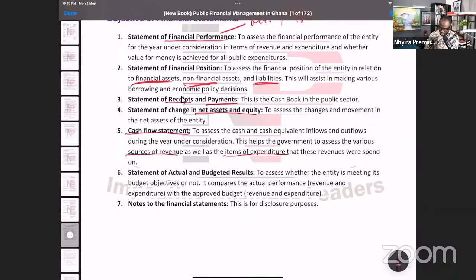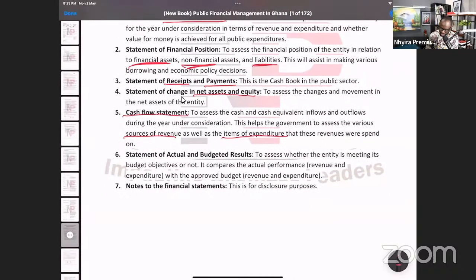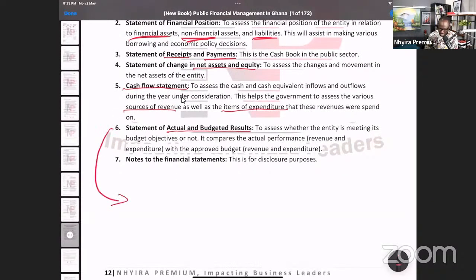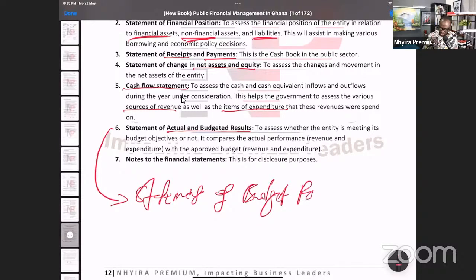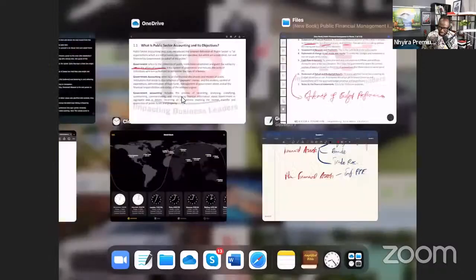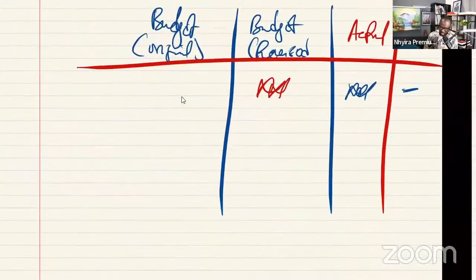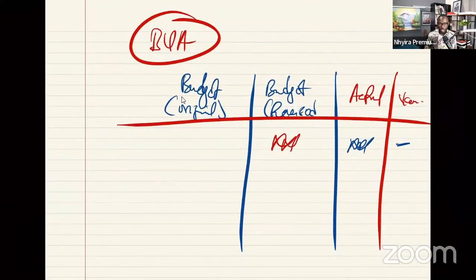Then we have what we call the statement of actual and budgeted results. This can sometimes be called the statement of budget performance. This was what I was illustrating to you here. This is the statement of budget performance, where we bring in the original budget, then we look at the revised budget, then we compare the revised budget to the actual so that we can get a variance.